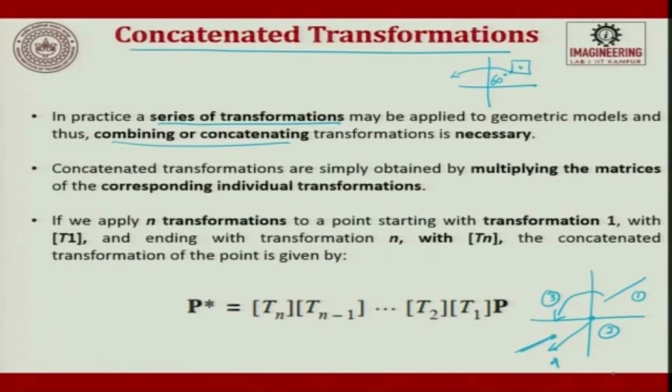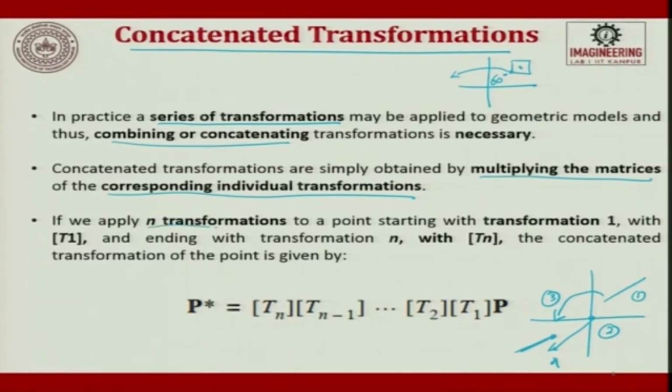Concatenated transformations are simply obtained by multiplying the matrices of the corresponding individual transformations. So, you will do individual multiplication and then arrange them in sequence such that you get the final spot you want.